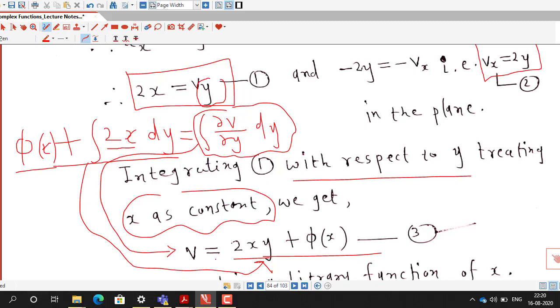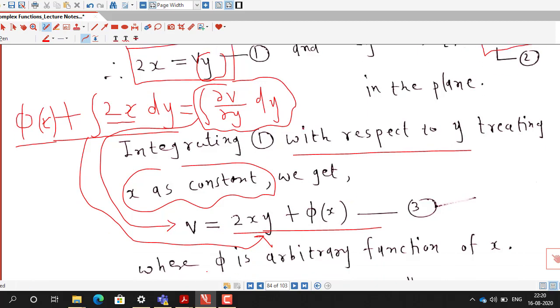So we obtain v equal to 2xy plus arbitrary function of x. Phi is an arbitrary function of x. So we don't know what is phi of x. We have to decide the value of phi of x. This is not complete harmonic conjugate because phi of x is unknown function.